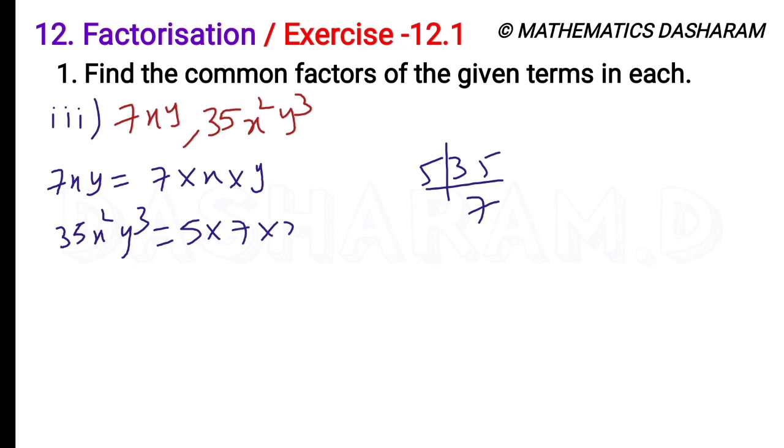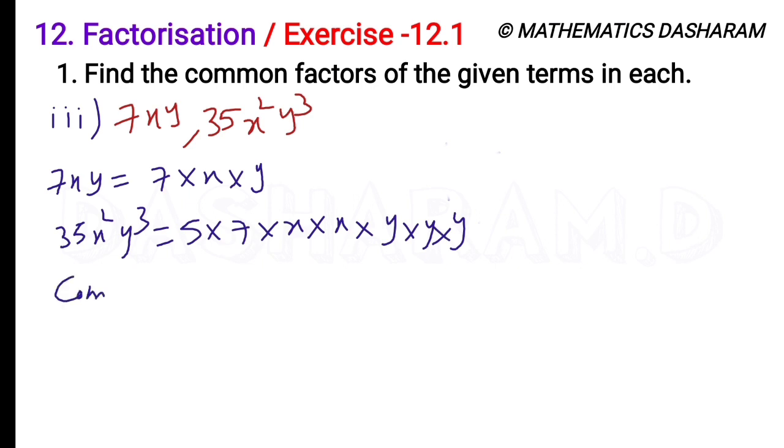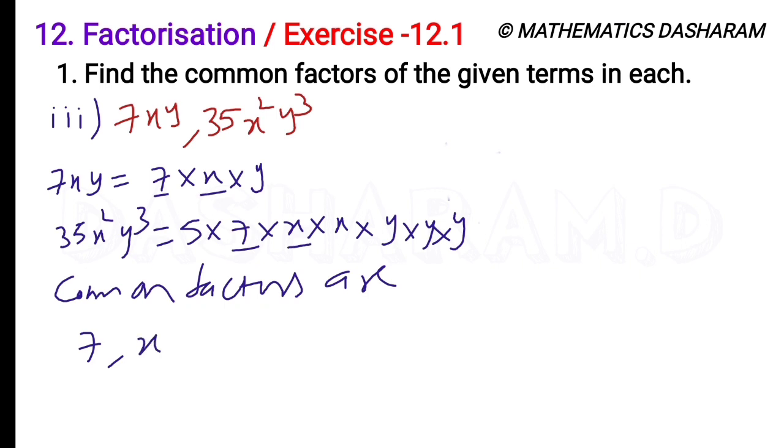Next, coming to variables, in product form x into x, y cube is y into y into y. So now the common factors of the given two terms are: here 1 7 common, next 1 x common and 1 y common.